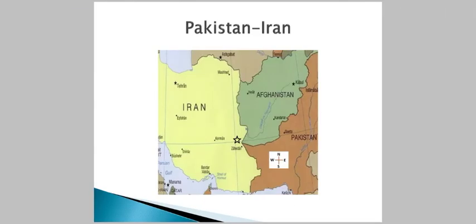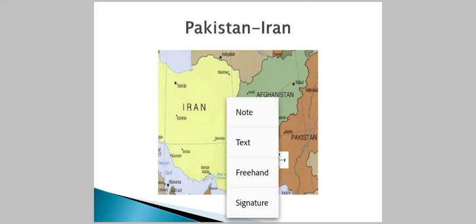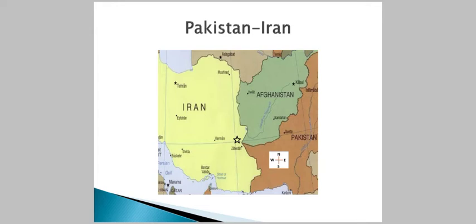Now, toward the west of Pakistan, if you can see this area, this is Iran. Iran is located in the west of Balochistan, and the length of the border with Iran is 909 kilometers.